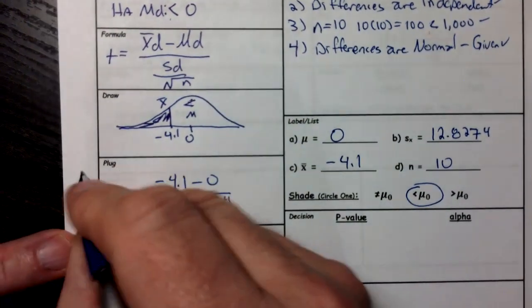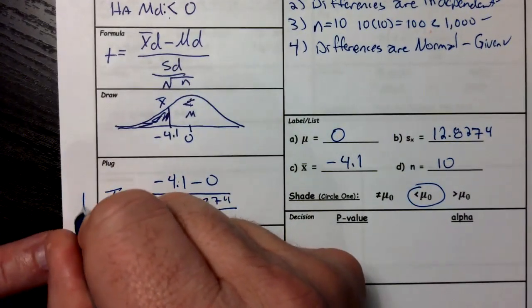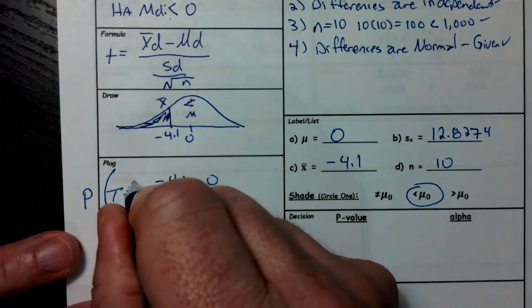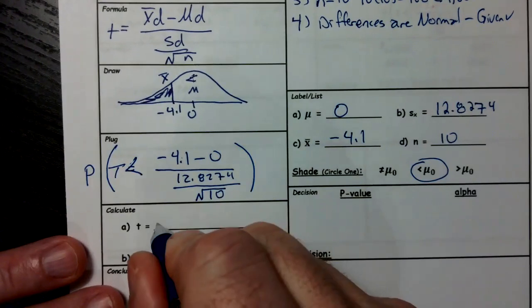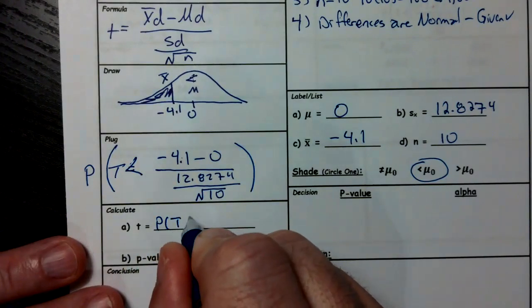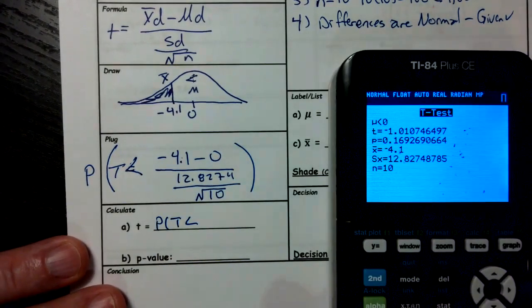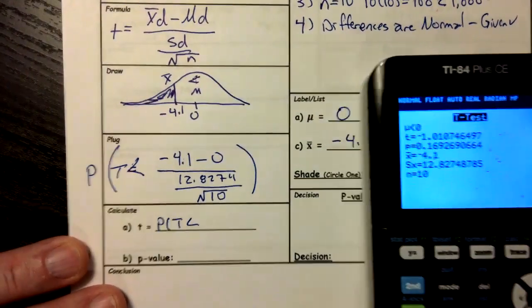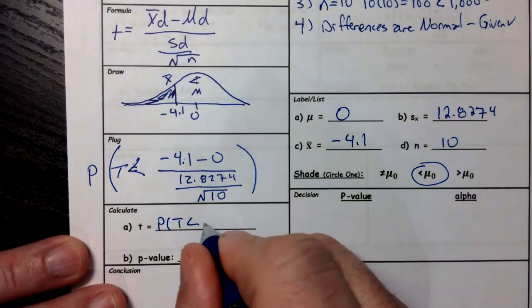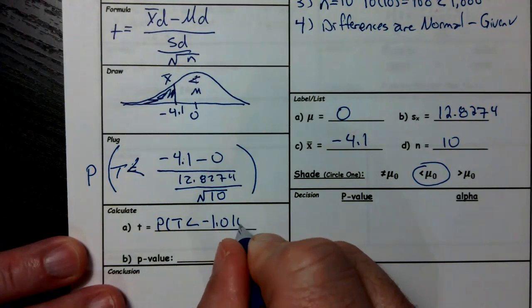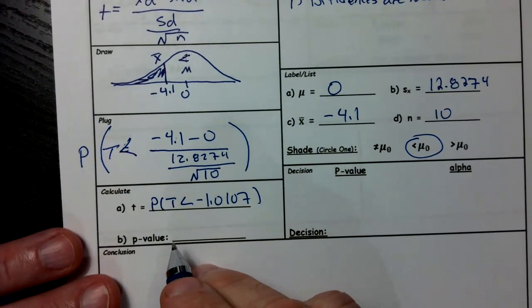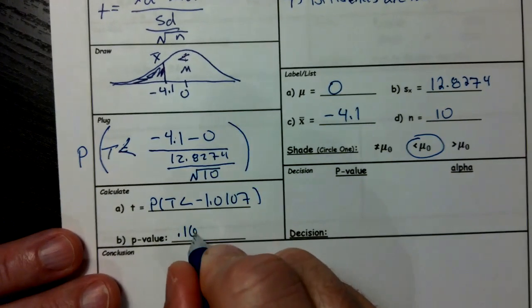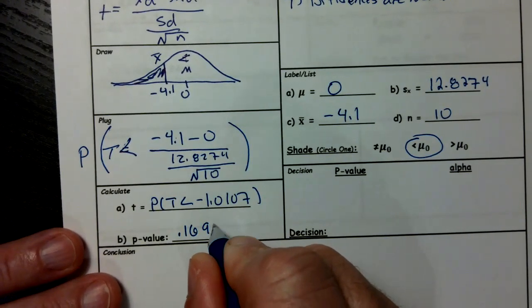And by the way, I should have probably done this, so I'm going to do it anyway. Probability that t is less than, and put that in parentheses. So this is the probability that t is less than negative 1.0107, p-value of 0.1692.